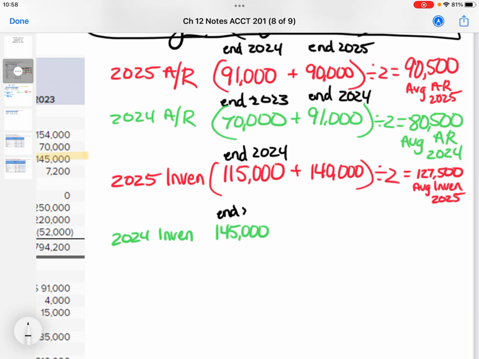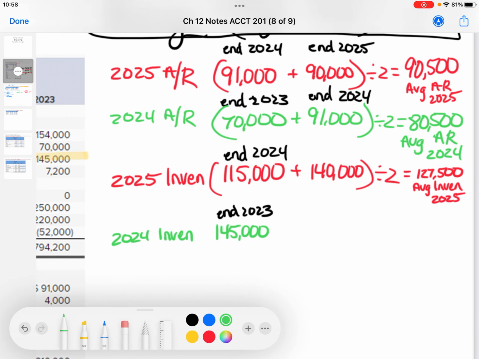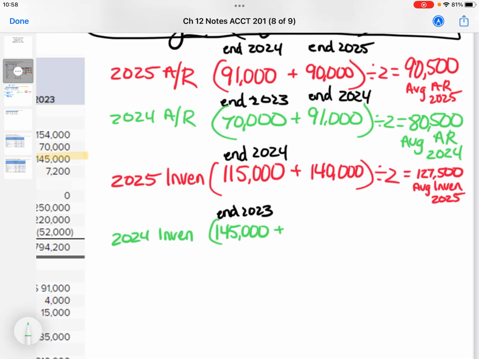So the end of 2023 is the beginning of 2024. And I'll take then the end of 2024. So I take beginning and end and divide by 2. And again, the number should be somewhere between these two numbers, my answer, and it is. It's 130,000. That's my average inventory for 2024.